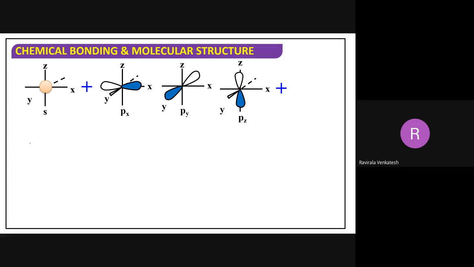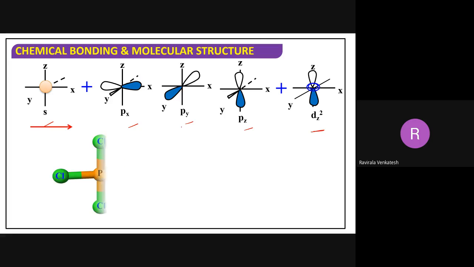Here, 1 s orbital, 3 p orbitals are mixing, and 1 dz2 orbital is mixing. So we are going to get like this. See, this is trigonal. This part is trigonal.